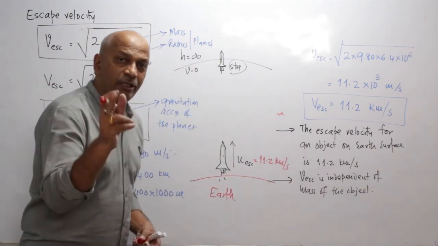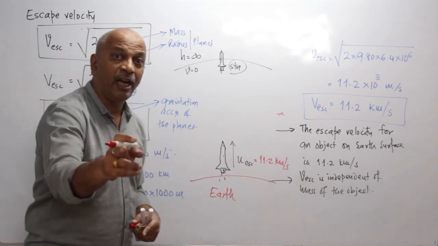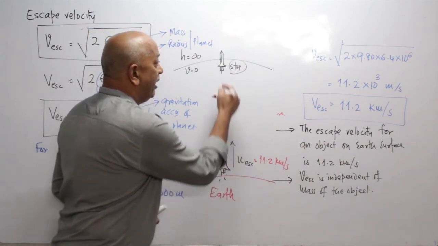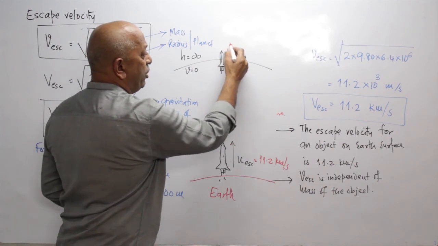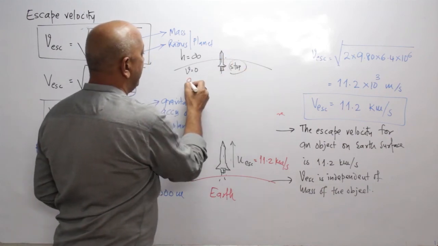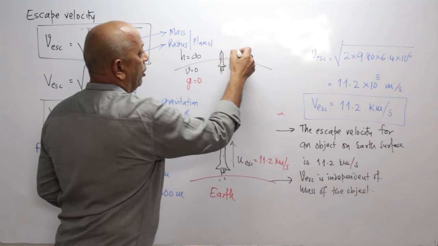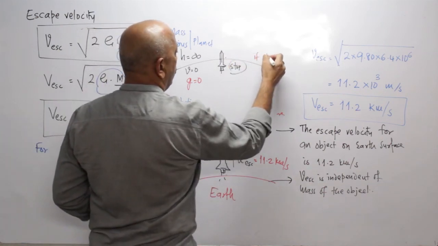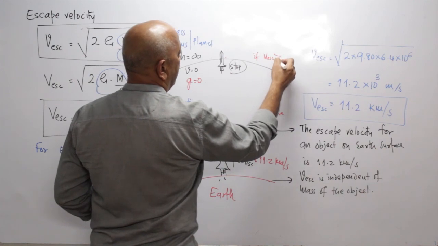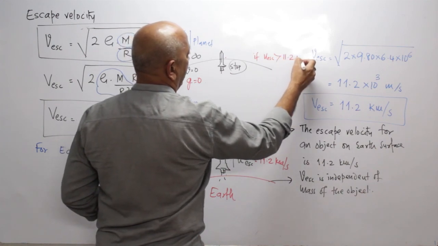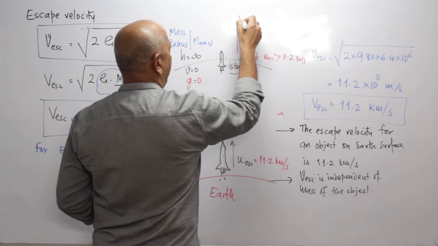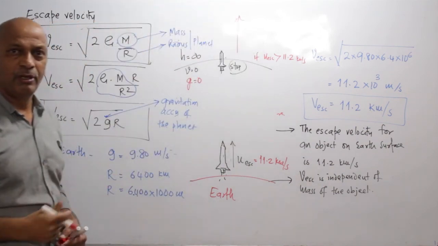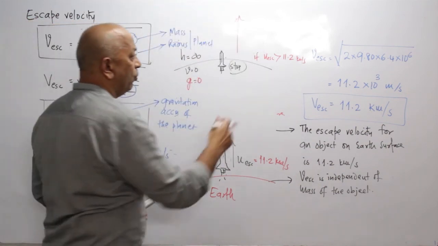Then it will go beyond the gravitational pull, where V is equal to 0, g is equal to 0. So if V escape is greater than 11.2 kilometers per second, it will go up. It will move in space.